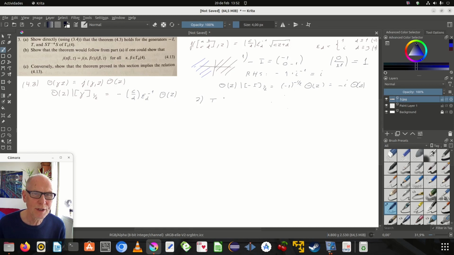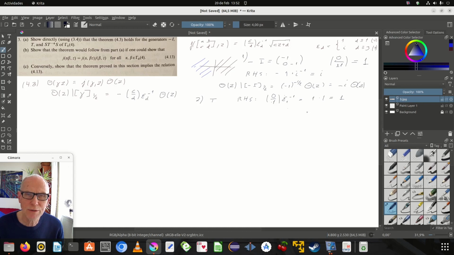So we just need to check the right-hand side. This gives plus 1, and E1, that is 1.